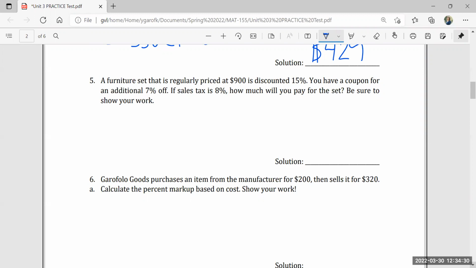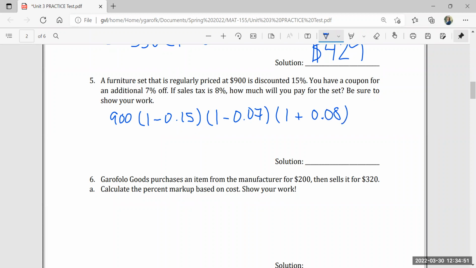So the easiest way to solve this is to start at 900. You're going to have your initial discount. Then you're going to have your coupon discount. Then you're going to have your sales tax, which is a plus. Okay? So this is the discount. This is a coupon. Both of those are minuses because they're decreases. And this is your sales tax. Okay? You can enter this all into your calculator using parentheses carefully.